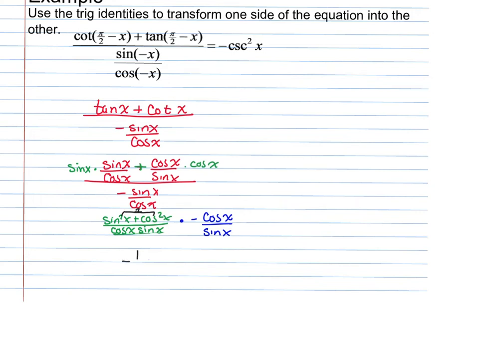So we're going to have 1 right there. These cosines are going to reduce, so we're going to have a negative 1 on the top. And at the bottom, we're going to have 2 sines left over, so that should be sine squared of x. And we know that negative 1 over sine squared of x is the same thing as negative cosecant squared of x because they're reciprocal identities. So now we have verified it.